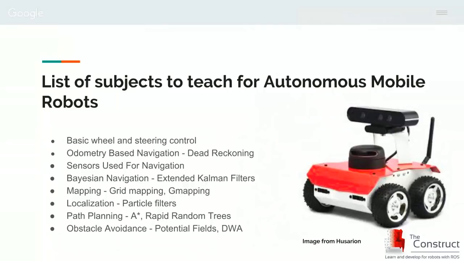I'm considering here a 1 semester course, which means 4 months. Okay, so that's the list of subjects that I propose to you, but you can modify this based on your taste, your experience, or maybe something the board of the university decides.